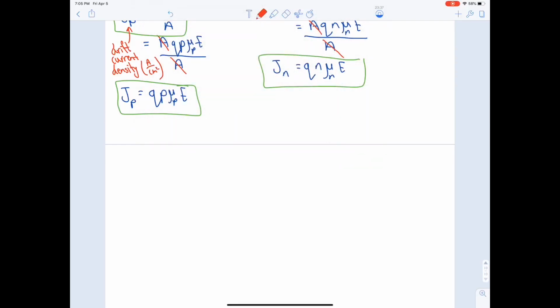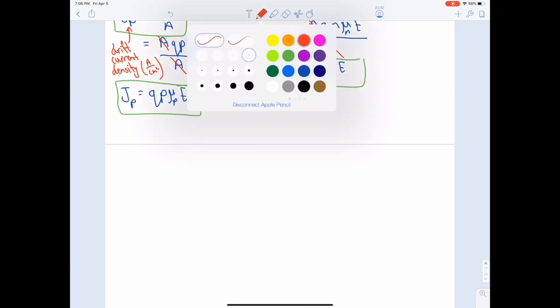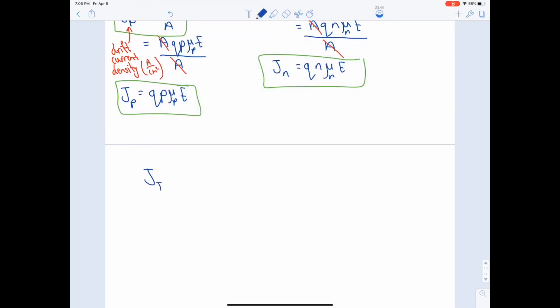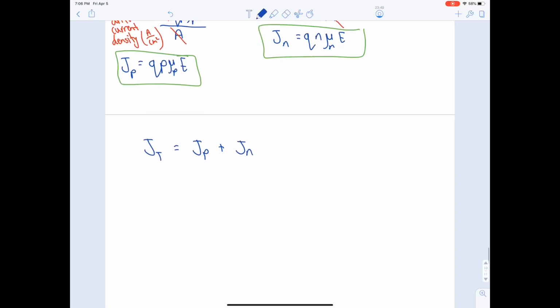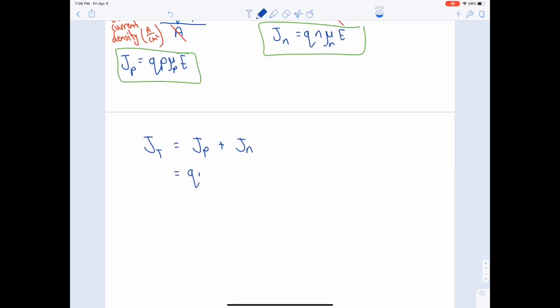I don't want red, I want blue. Here, the total is Jp plus Jn, which is equal to Q p mu p E plus Q n mu n E.